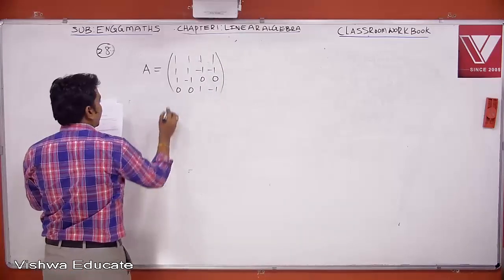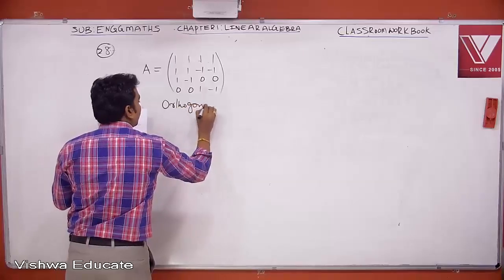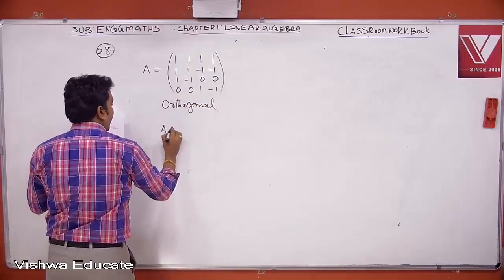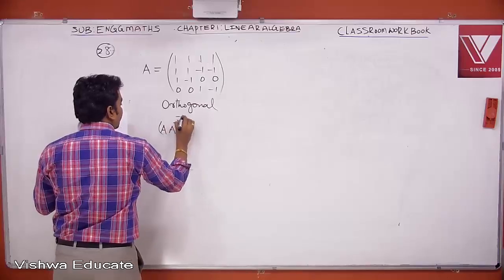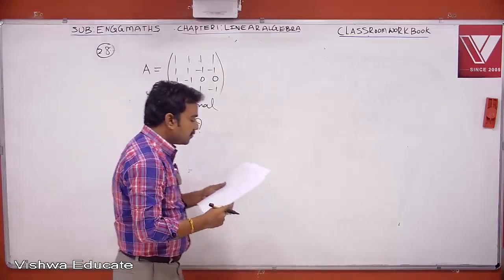A 4 by 4 matrix is given. Of course, this is an orthogonal matrix. And they were asking what is A into A transpose whole inverse. This matrix combination we need to find.